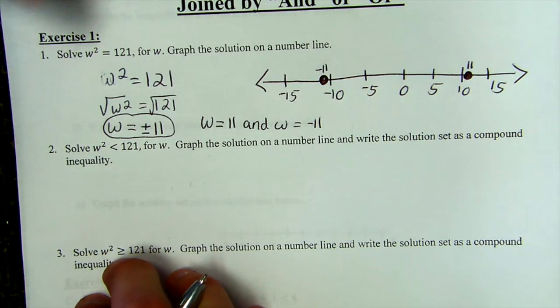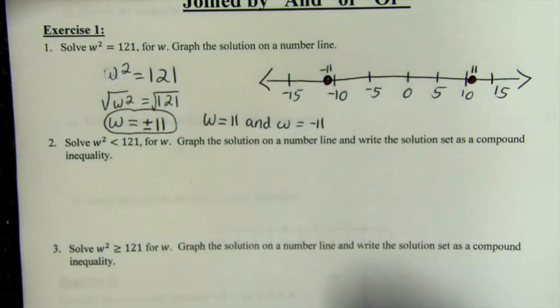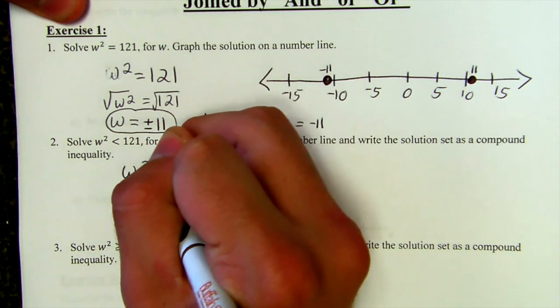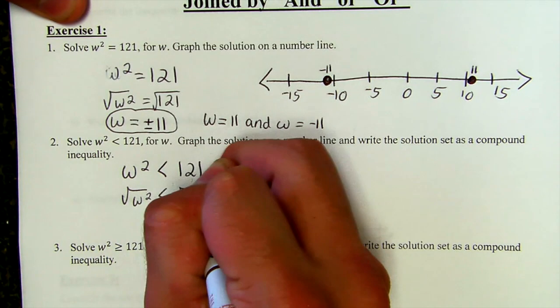Now we're going to use what we just did in exercise 1, and we're going to solve w squared is less than 121. So let's start by writing that down. It's less than 121. Now what we have to do is, again, take the square root of w squared, square root of 121.